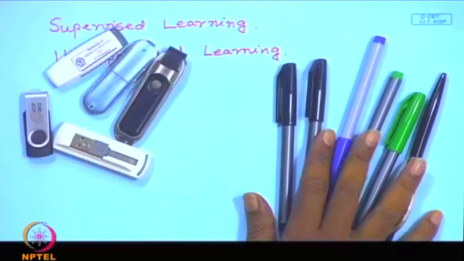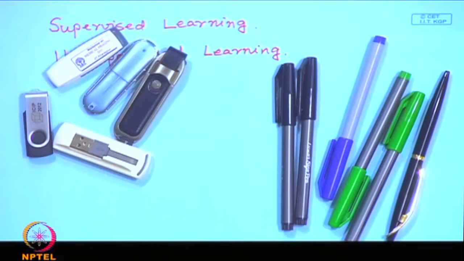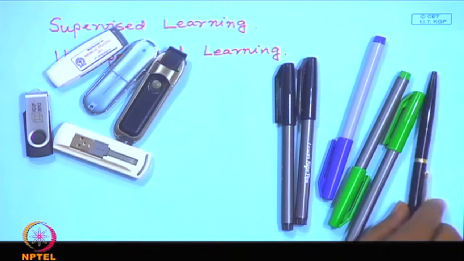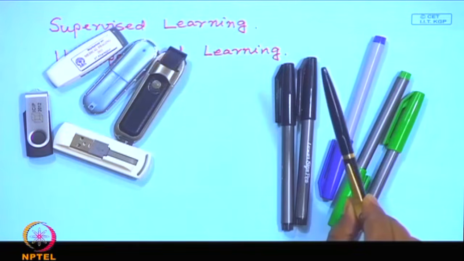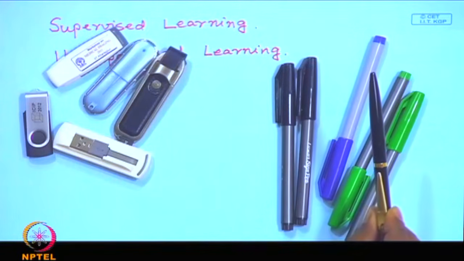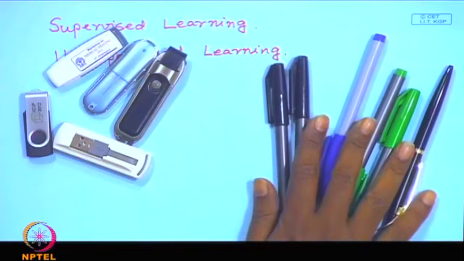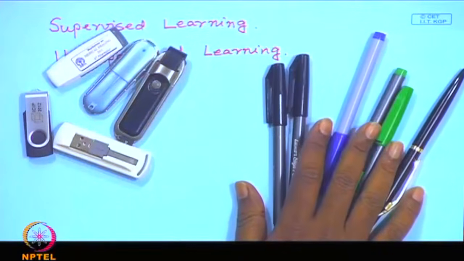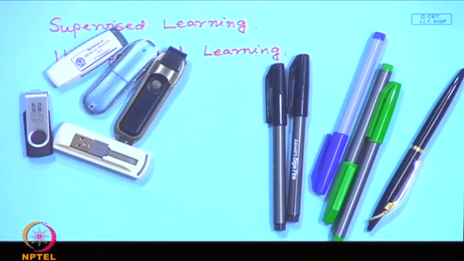Similarly, here I have another set of objects or another set of patterns, and I know that these are pens with which I can write. So, these are two sets of patterns, and the knowledge of patterns I have a priori. And how do I acquire this knowledge? Acquiring this knowledge is not a one-day process.